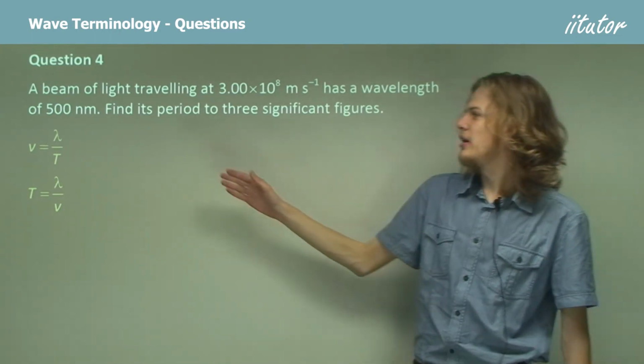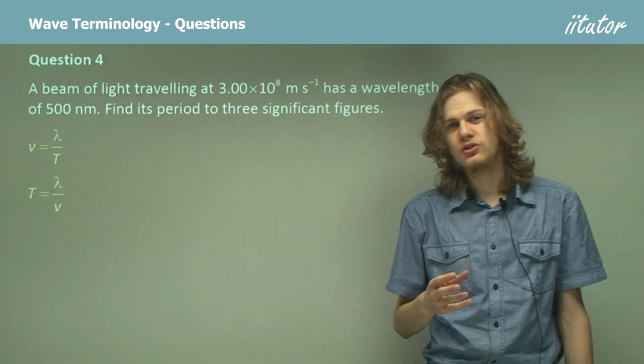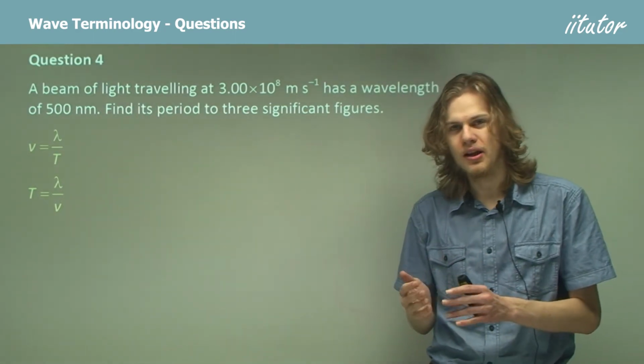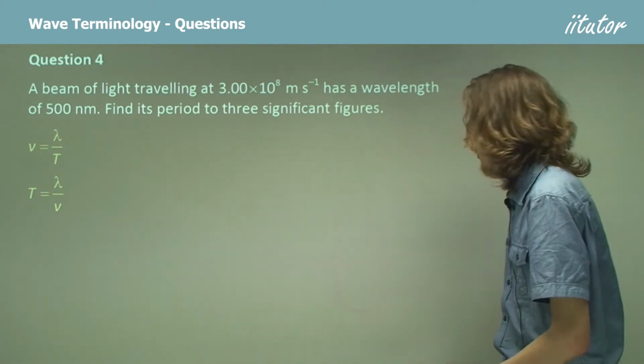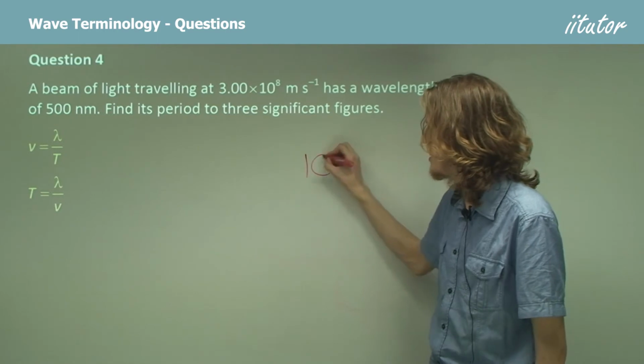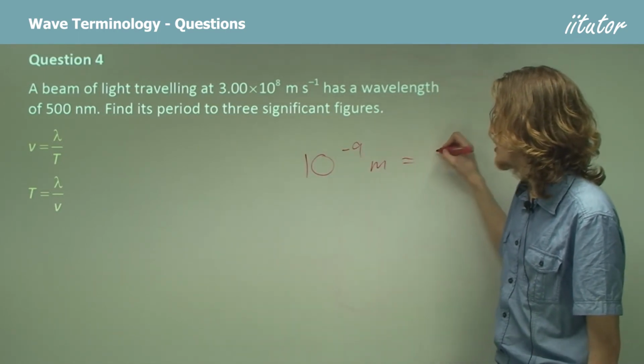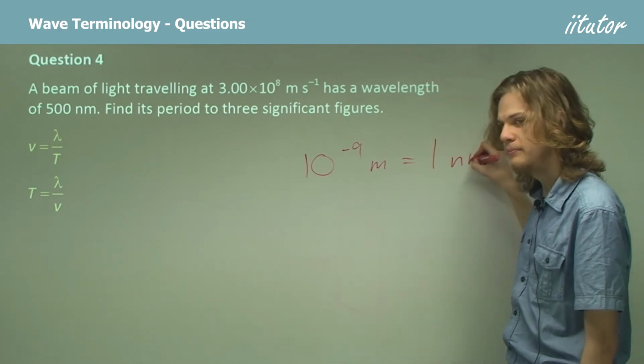Now, we're given the wavelength in nanometers. What we need to do is turn this into SI units, that is, meters. Remember that the conversion for nano is that 10 to the power of -9 meters equals 1 nanometer.